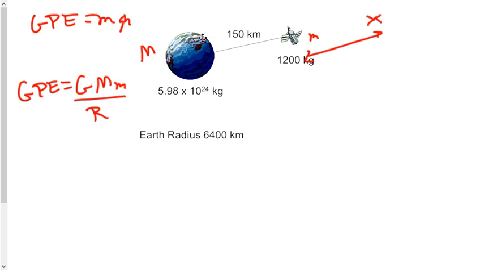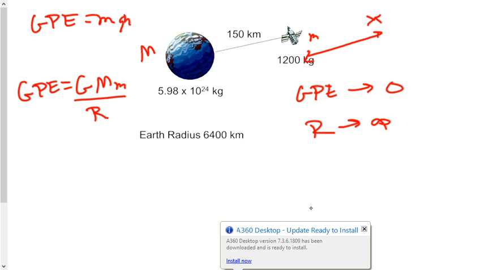Now, what if we want to escape the Earth? The only true location where gravitational potential energy is equal to 0 is infinitely far away. So gravitational potential energy approaches 0 when the radius approaches infinity, right?